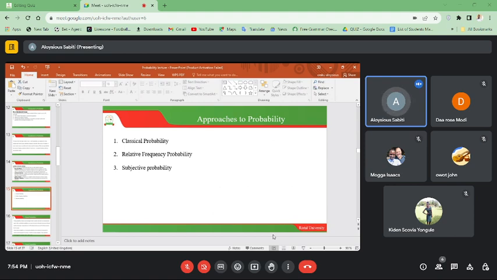For example, in reproductive health, there are different events that occur. For example, if there is a pregnancy, the event in that case would be a pregnancy.